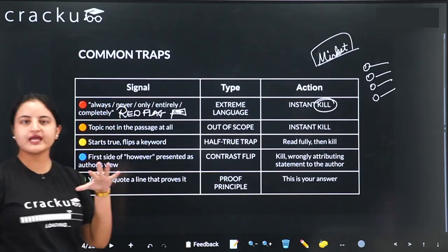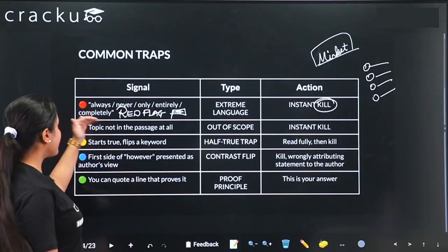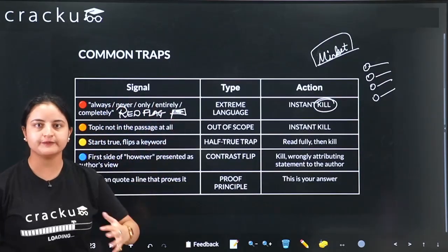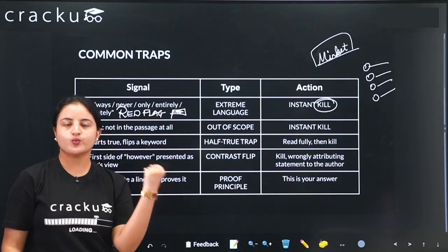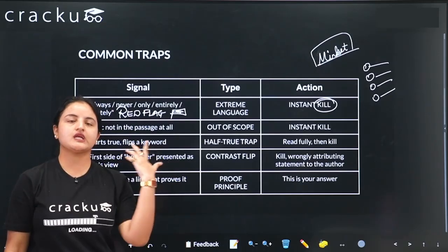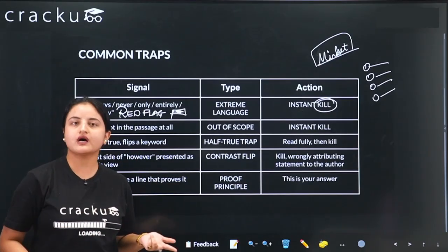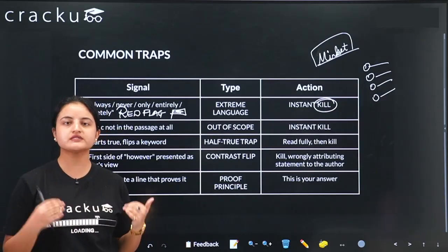Whenever very extreme words are used, always, never, only, entirely, completely, fully, these are extreme. When we speak in English, we have 3 degrees: one is normal, another is comparative, the third one is superlative.